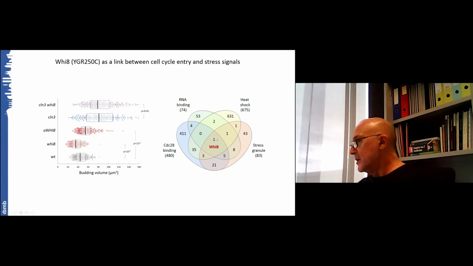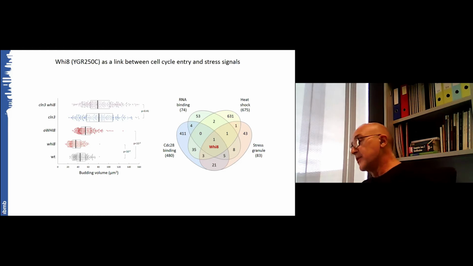Just one fulfilled all the properties, and that was V8. So we decided to go ahead, because if it had a role coordinating cell cycle and stress, particularly in the stress granules, that could be particularly unique.